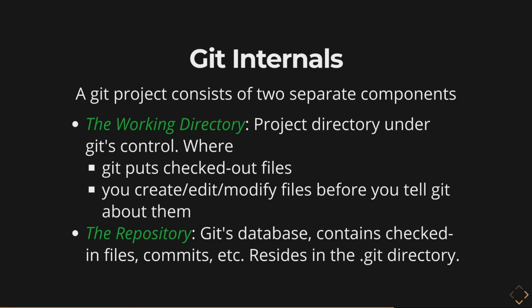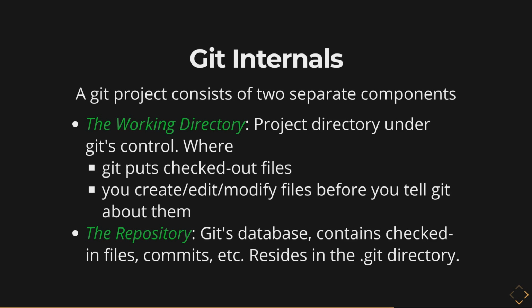So the repository is the database that keeps your files, and it resides in a special directory which is created when you initialize a Git project, and that is the .git directory. And I think all of you have seen that when you run git init, a .git directory is created.